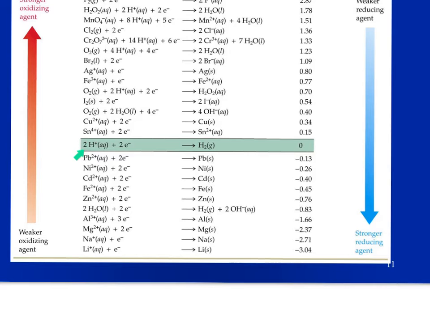In fact, you notice that there's a change right there. These ones don't want to gain electrons, they want to lose electrons. So these are metals that tend to lose electrons, and that's why if they're gaining that electron, there's a negative number. They tend to give them up to the nonmetals.